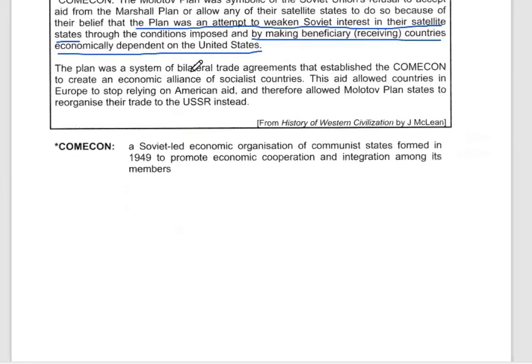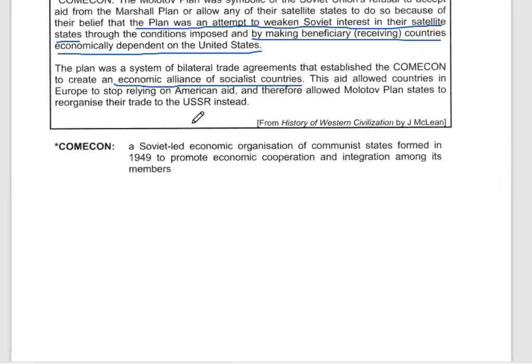It says the plan was a system of bilateral trade agreements that established the COMECON to create an economic alliance of socialist countries. This aid allowed countries to stop relying on European aid and therefore allowed Molotov states to reorganize their trade to the USSR. So basically it was based on trade and an economic alliance of socialist states.